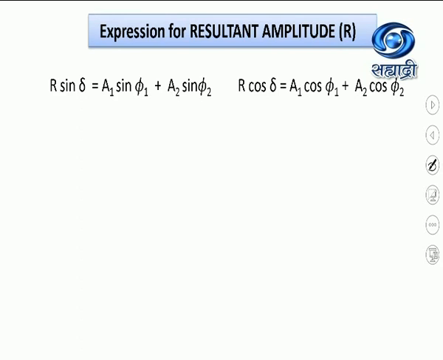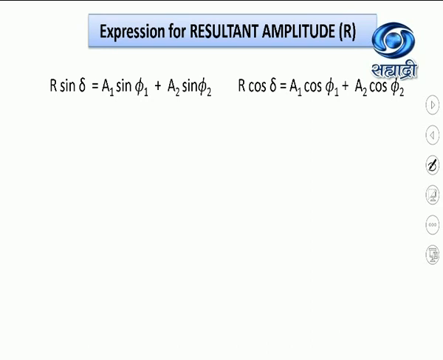To determine the resultant amplitude R, let us square the two equations. The first equation gives R square sin square delta equals (A1 sin phi 1 plus A2 sin phi 2) whole square, and the second gives R square cos square delta equals (A1 cos phi 1 plus A2 cos phi 2) whole square.